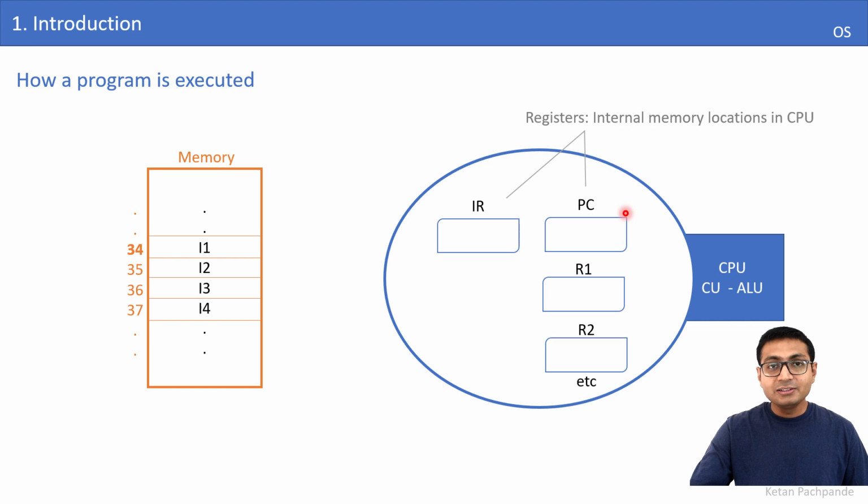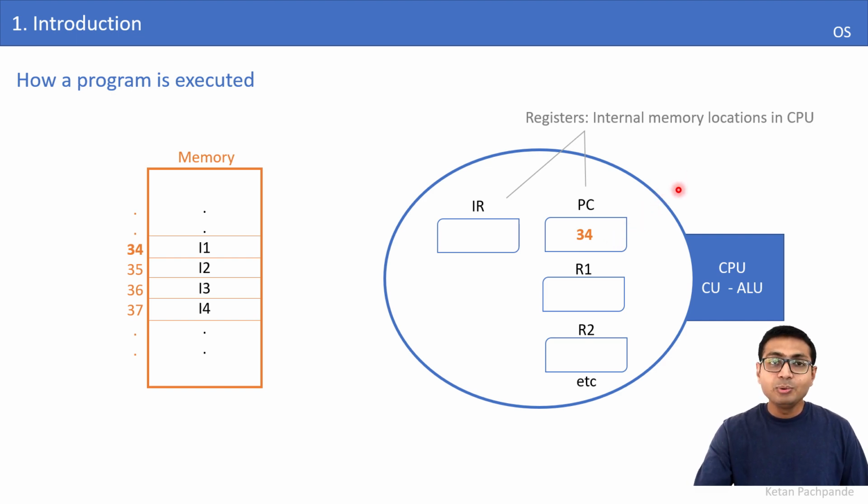What should be this address? You know that in C++, the execution of program starts from main function. Let's assume that this is my main function's instructions. And I want to start the execution of instruction stored at address 34. So what OS will do? OS will initialize the value of program counter and tell the CPU that I have initialized your program counter, now you start the execution of instructions.